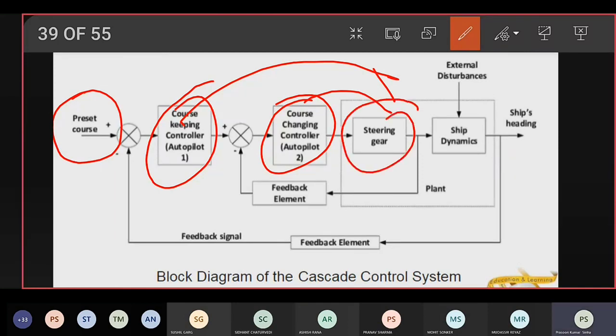When the rudder is given, it produces a certain kind of behavior of the ship. The heading changes, this way or that way, sometimes more, sometimes less. So the ship has its own dynamics, and because of that the response changes. External disturbances are also there, and because of them it also changes.